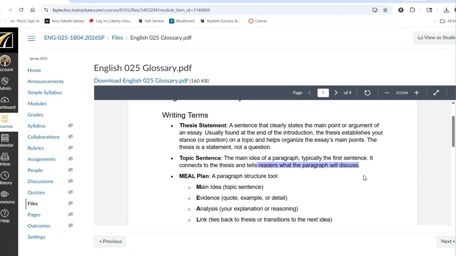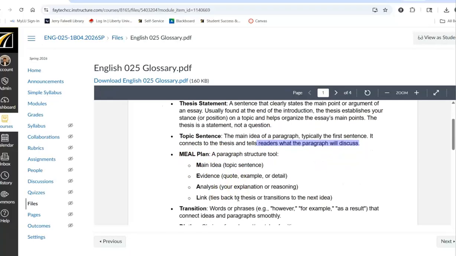The second thing that you're going to be using is this MEAL plan structure. The MEAL plan is a structure for a paragraph. In this structure, the main idea, the M, is that topic sentence, where the first thing you do is tell us the main idea. Then you provide evidence, which could be a quote, an example, or some kind of detail. You analyze that evidence, that is, you explain or offer some sort of reasoning that explains and develops this evidence.